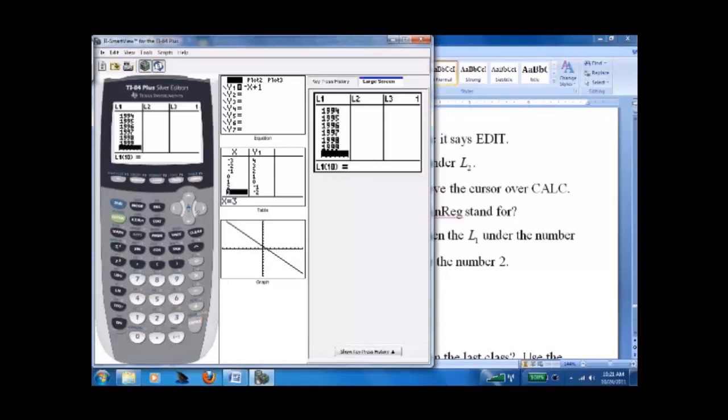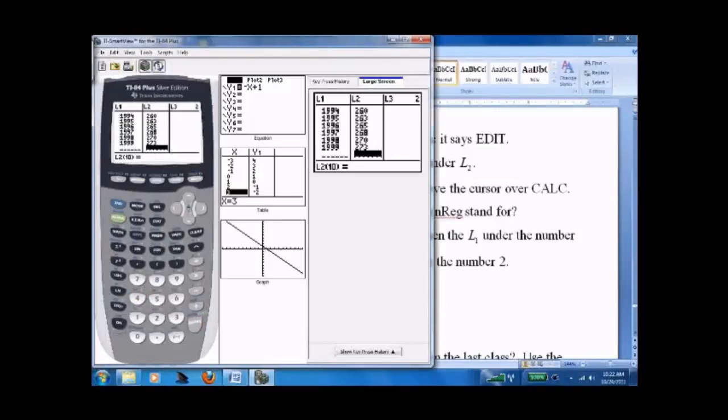Notice I don't put 2010 in because we don't have a data point for that. 252. All right, they line up, look good.